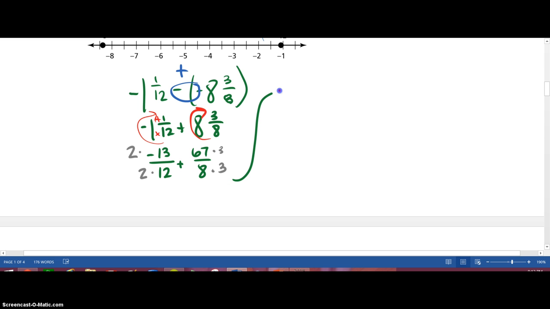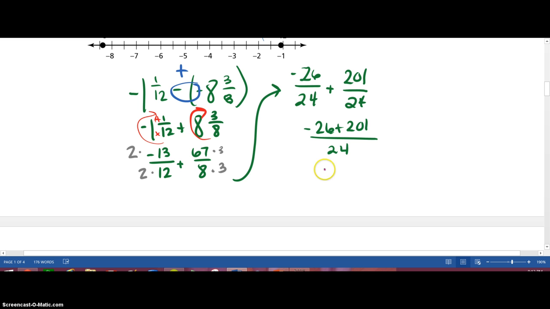And our new fractions would read negative 26/24 plus 201/24. So now I have common denominators. I can combine my numerators. So it's negative 26 plus 201 over 24, which is 175 over 24.